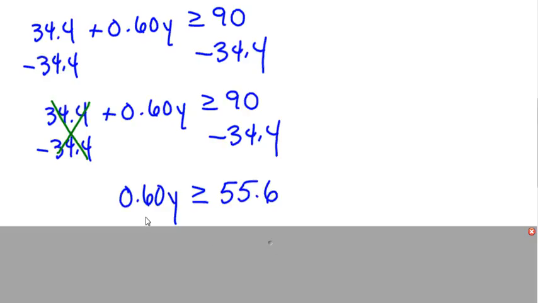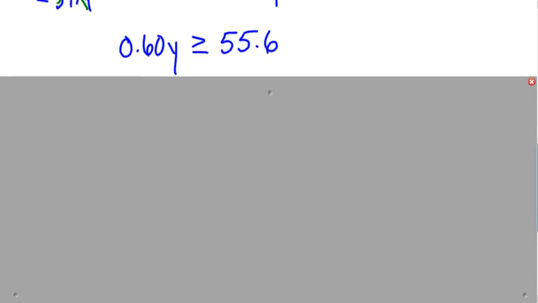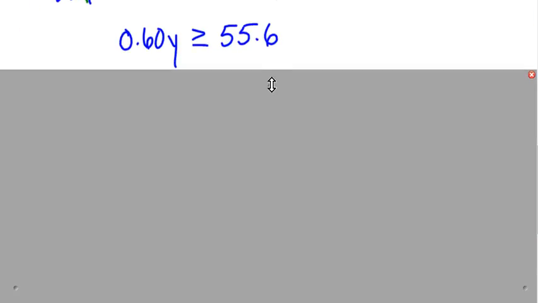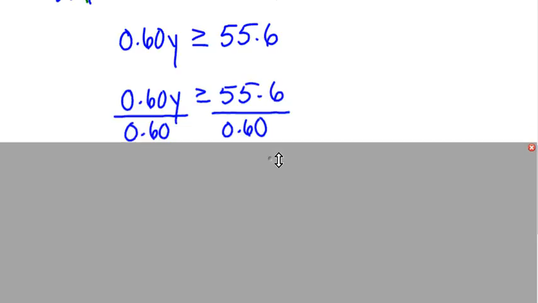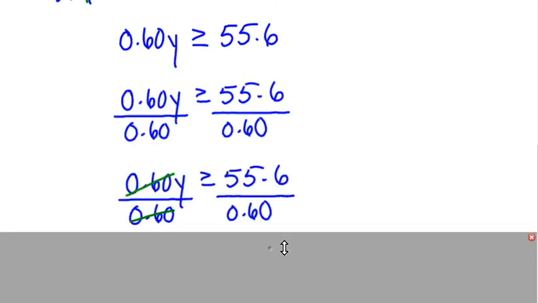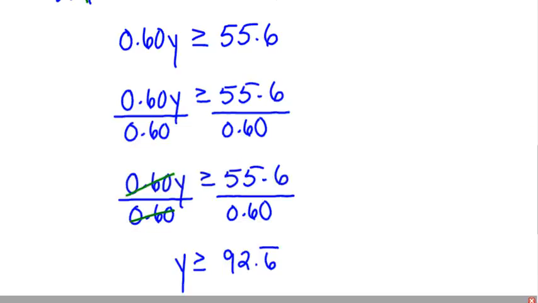So here we've got 0.60y is greater than or equal to 55.6. So we're trying to get y alone. Since we have a multiplication problem, to undo that, we could divide each side of our inequality by 0.6. In doing so, we can see that y is greater than or equal to 92.6 repeating, or 92 2/3.